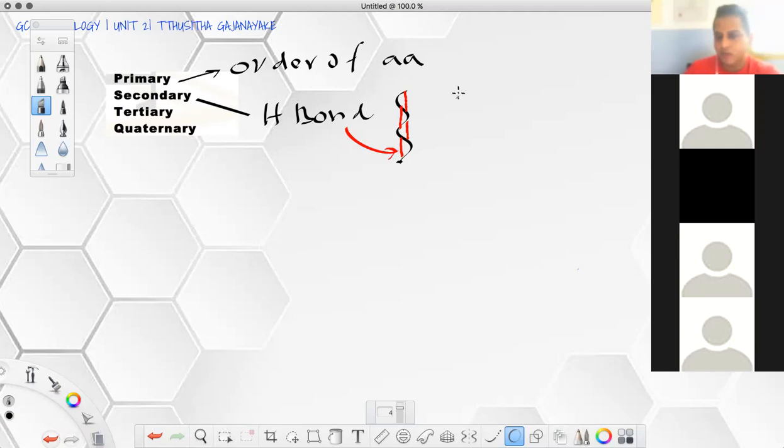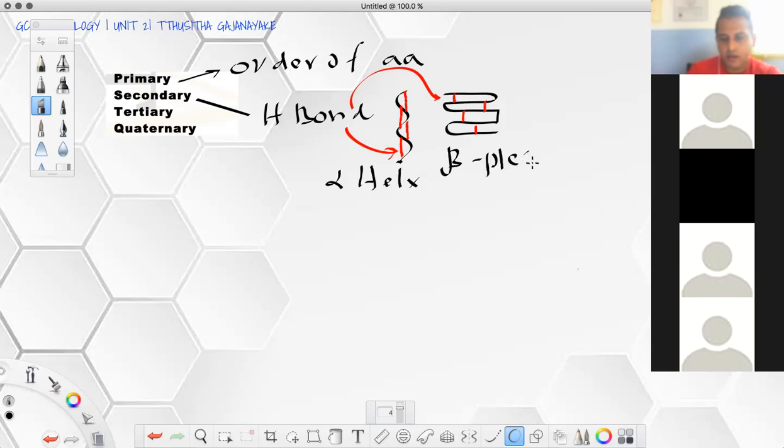And there's another form available, where they make this kind of sheet-like appearance. Again, the hydrogen bonds make this shape. This is called alpha helix, and this is called beta pleated sheet.